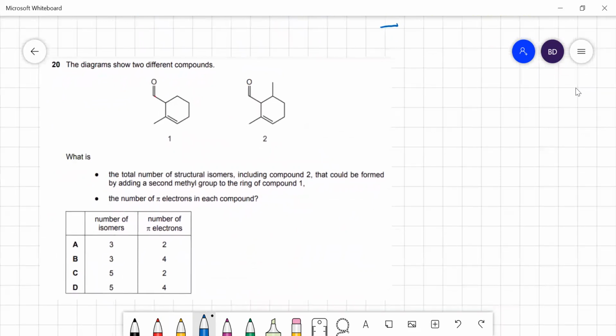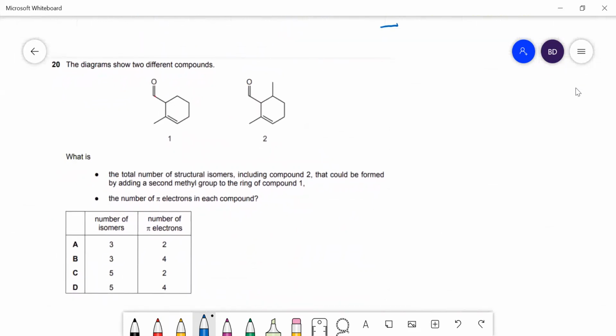The diagram shows two different compounds. What is the total number of structural isomers, including compound 2, that can be formed by sticking a methyl group onto the ring of compound 1? Where could we put it? We could put the methyl group there.